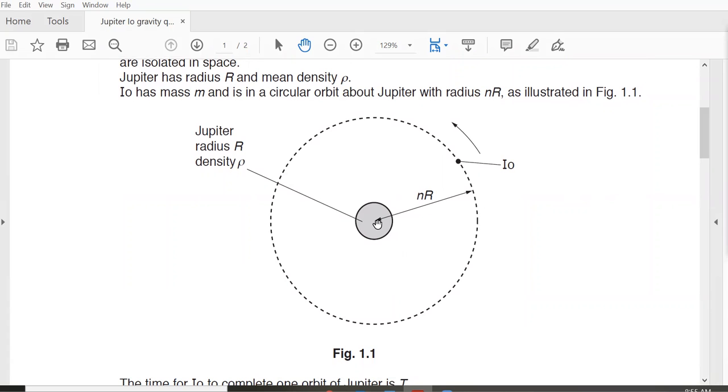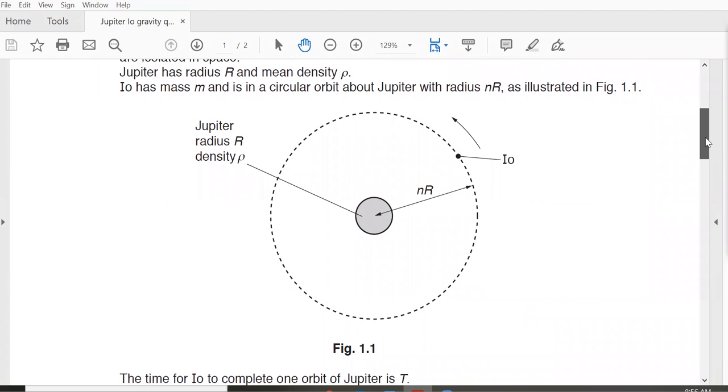So n is just a number, how many times you would multiply Jupiter's radius by to get out to Io's orbit.